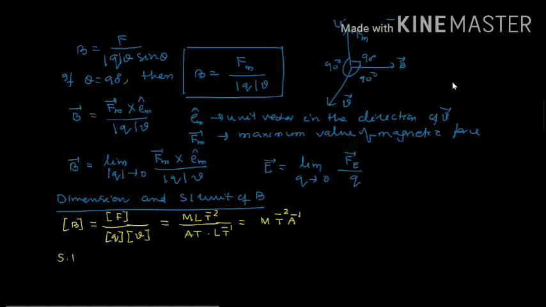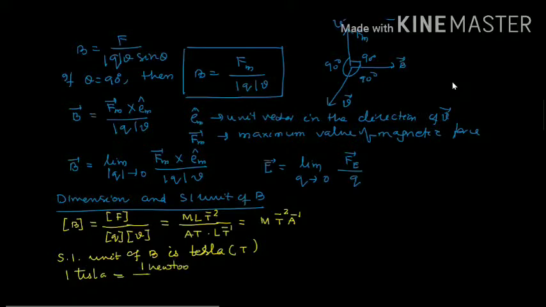SI unit of magnetic field is Tesla. SI unit of B is Tesla, capital T. 1 Tesla is equal to 1 Newton divided by Coulomb into meter per second.